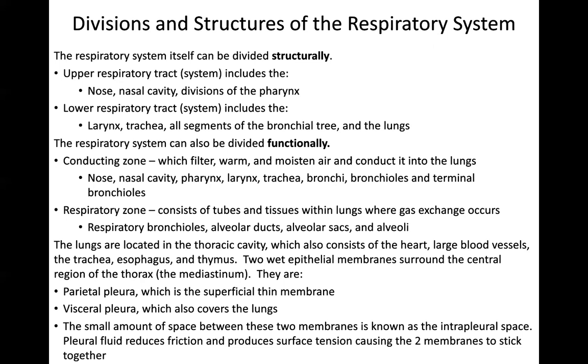In between them is a small, and I'm just going to describe it like a potential space. We call this the intrapleural space. It is full of a fluid called pleural fluid that reduces friction between those two membranes, but also produces surface tension that causes the two membranes to stick together.